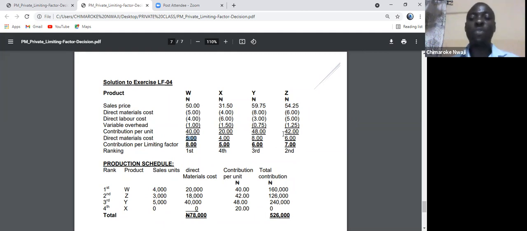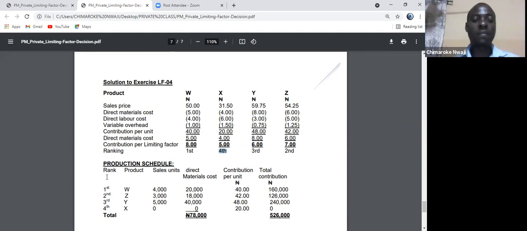And 42 divided by 6 will give you 7. Step 5, ranking. So 8 is ranked first, 7 is ranked second, 6 is ranked third, and 5 is ranked fourth. Step 6, production schedule.